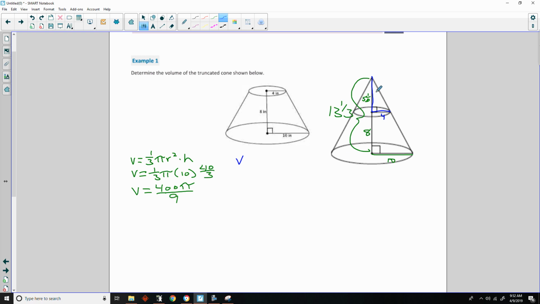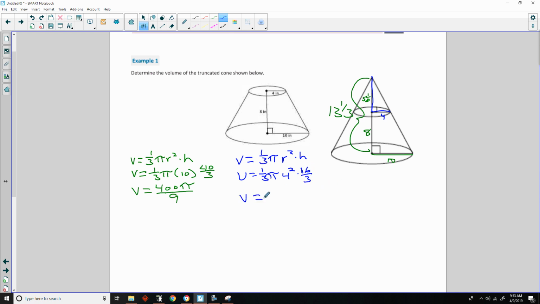So it's the whole thing minus this little blue cone equals this bottom piece. So the volume of the blue portion up here is now 1/3 pi r squared times height. And then substitute in my givens. The radius in this one is 4 squared, and the height is 5 1/3, which is 16/3.